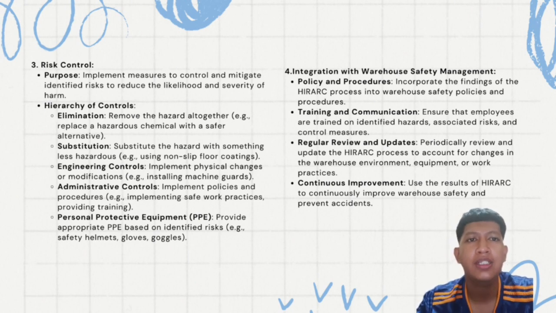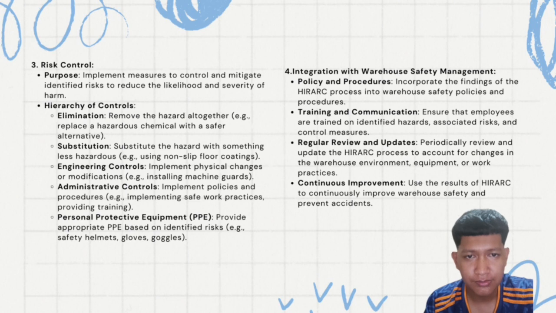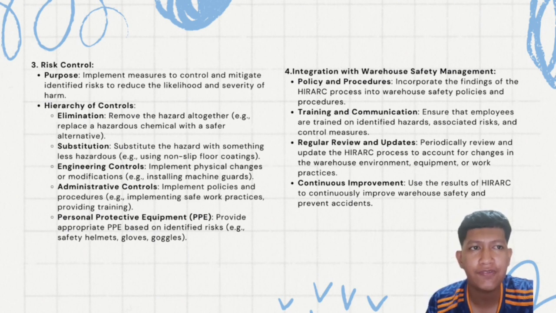The fourth one is integration with warehouse safety management. Policy and procedure: incorporate the findings of the hierarchy process into warehouse safety policy and procedure. Second, training and communication: ensure the employees are trained on identified hazards, associated risks and control measures.